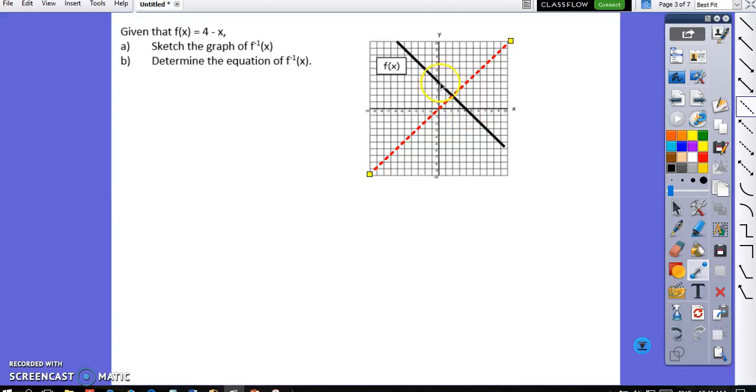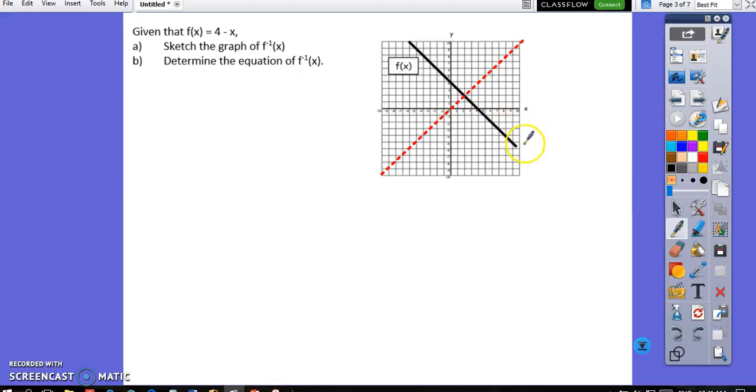So actually here, I'm expecting the inverse function to be the same as the original function. So I'm expecting the inverse function to be equal to the original function, because reflecting this in this line, if I put a mirror along this line and saw that in the mirror, I would just see the same on the other side. So let's see if this works with the equation by answering B.